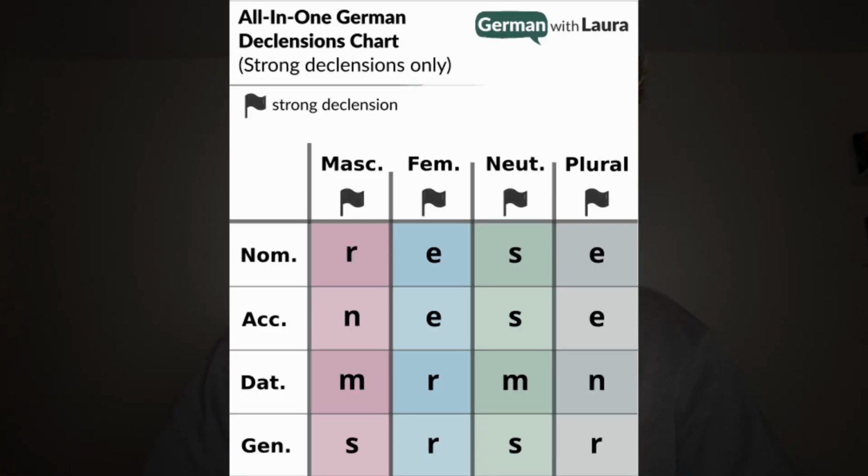We have pronouns like I, you, me, your, his, etc. that also have declensions. And then we have adjectives that describe a noun that also decline. It can be quite overwhelming at the start. It certainly was for me. But there are strategies to minimize the amount of memorization that we need. This chart, for example, is pretty obscure at first, but it sort of summarizes all of the patterns that come up with declensions. And that's sort of it for the basics.